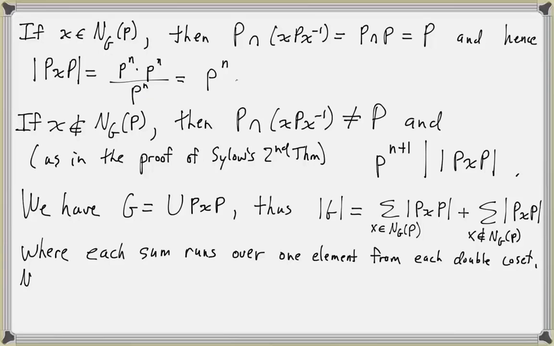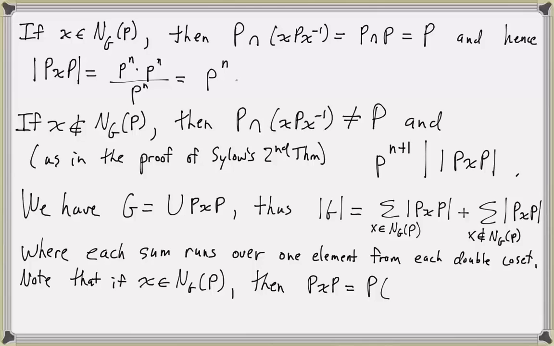So note that if x is in the normalizer of P, then the double coset PxP equals, well, I can commute x and P, and so this equals the set P times Px, which equals P squared x, but since P is a subgroup, P squared is just equal to P. So we see that the double coset PxP just equals the right coset Px.